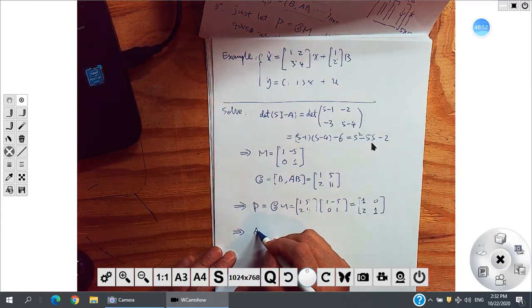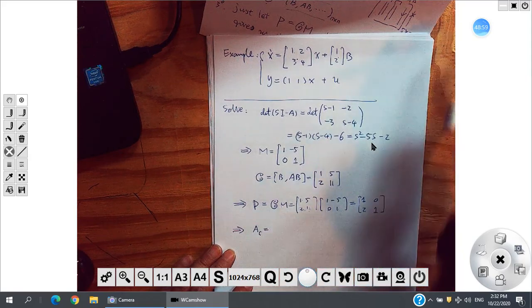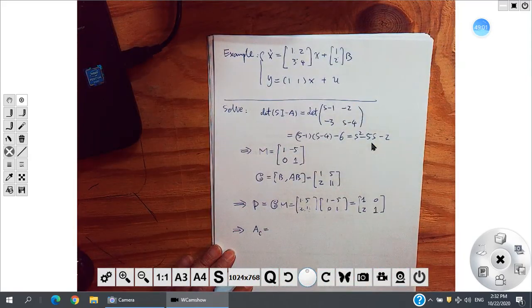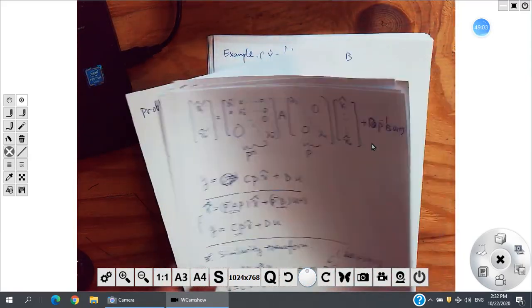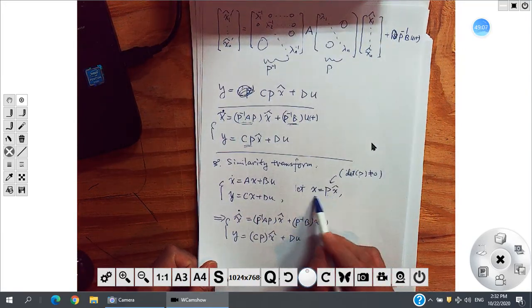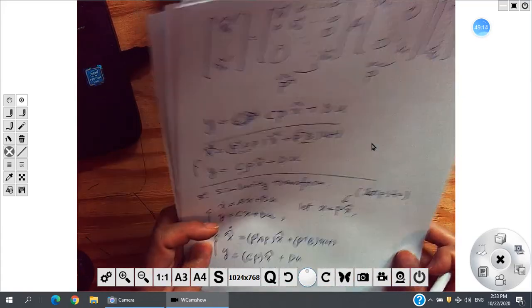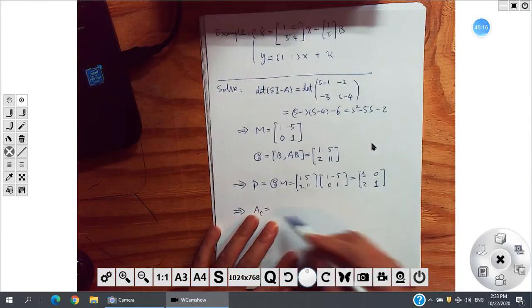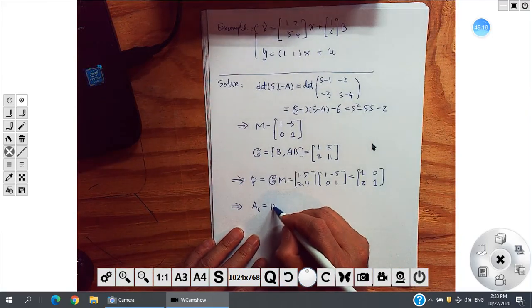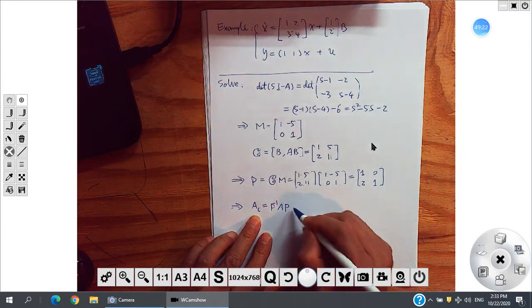Alright, now we have A. A will be in canonical form, so I can put an A_C here. We perform the similarity transform, and the new matrix will be P inverse times the original A times P. This is the new A for CCF.